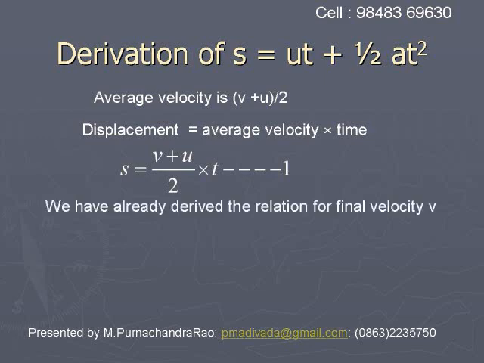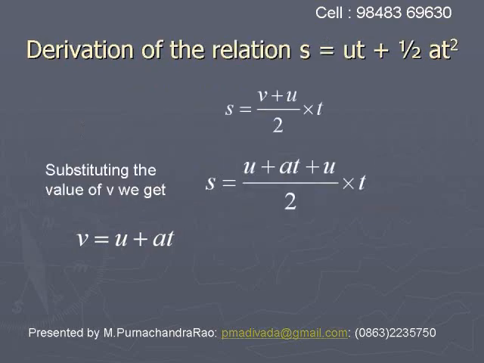This is relation 1. We have already derived the relation of final velocity v is equal to u plus at. This is equation 2. Using these two equations, we derive the relation s is equal to ut plus half at square. We have s is equal to u plus v by 2 into t, but v is equal to u plus at.